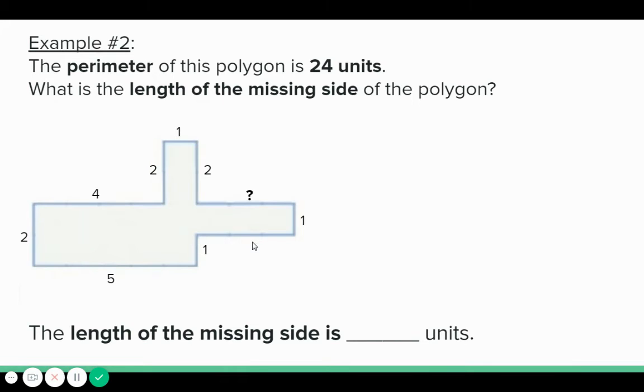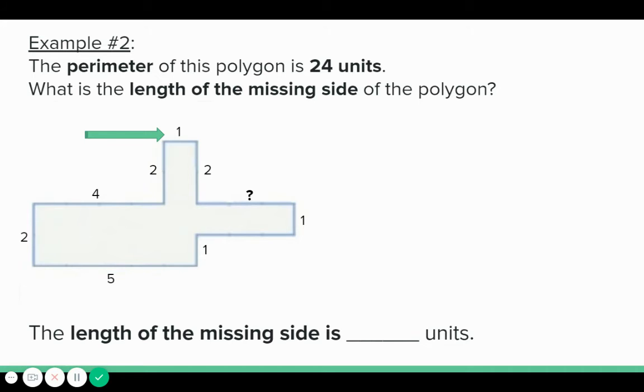So when we're missing a side, in this case, we have to also be aware that this side and this side are the same. So we still have 10 sides. I'm going to start counting from this side. I don't want to count it again, so I need to know where I'm starting. And I need to use the concept of perimeter about adding all sides.